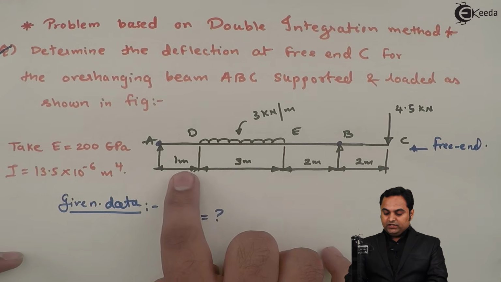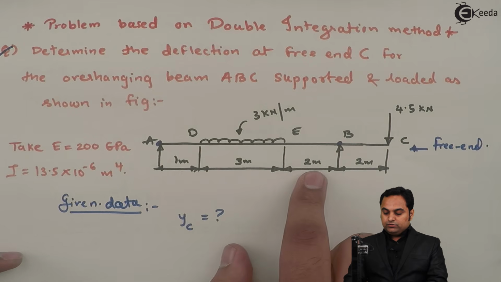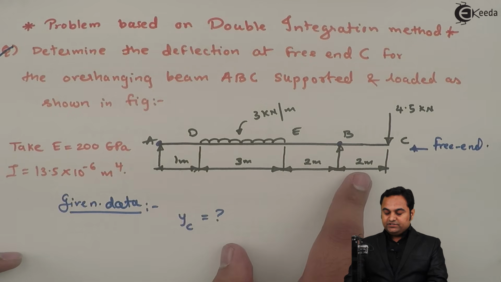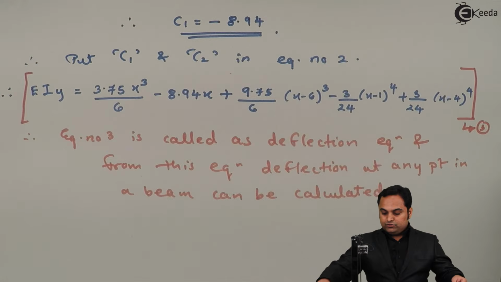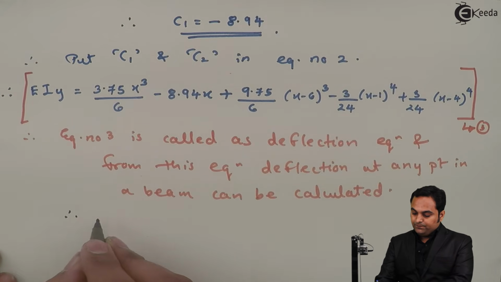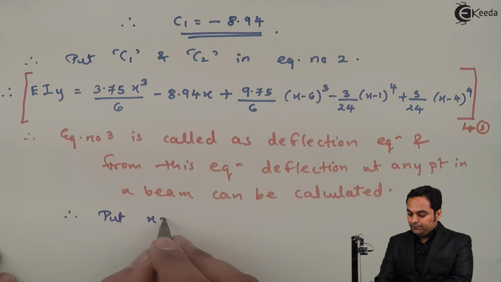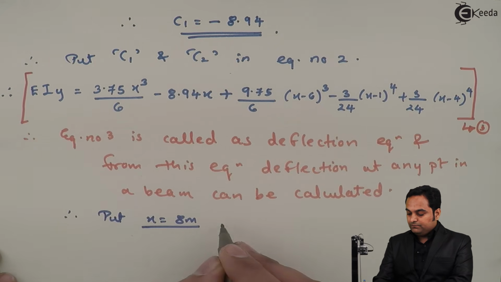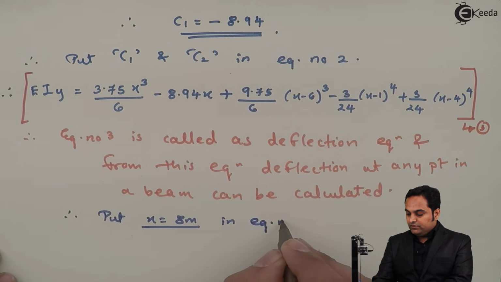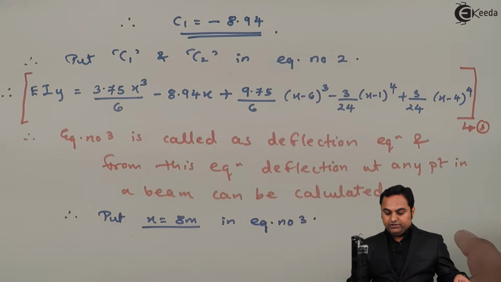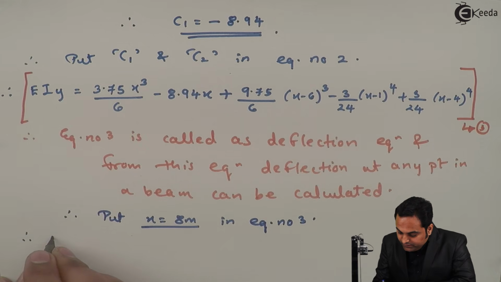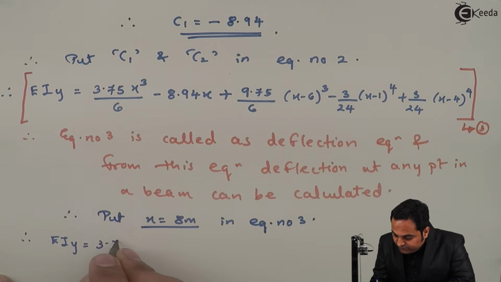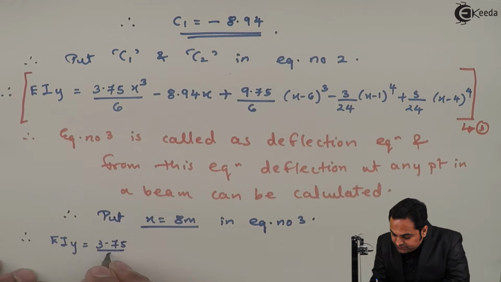So the distance is 1 plus 3, that is 4, plus 2, that is 6, plus 2, that is 8. So at x is equal to 8 meter, we have to find the deflection. Therefore put x is equal to 8 meter in equation number 3, because we want the deflection. So I'll put the values here. Therefore EI into y is equal to 3.75 divided by 6.